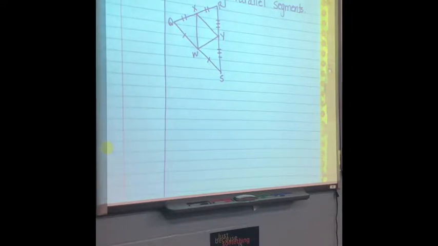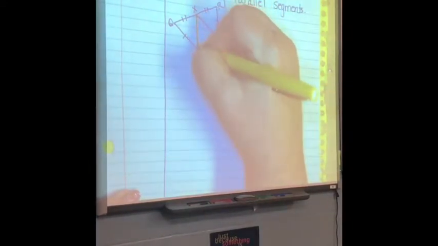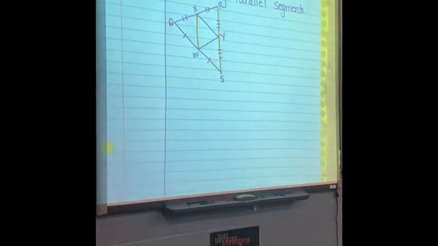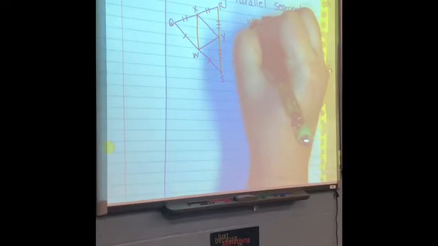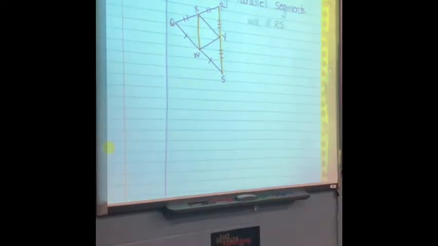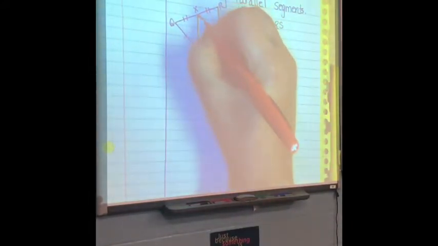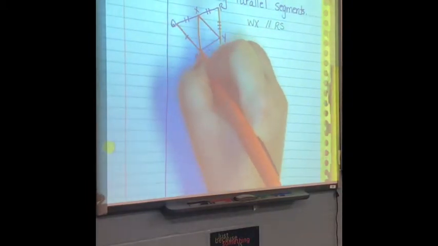Remember the theorem. WX and RS. Does everybody agree with that? Yes. All right, so WX is parallel to RS. I agree with that. What else we got? XY and QS.